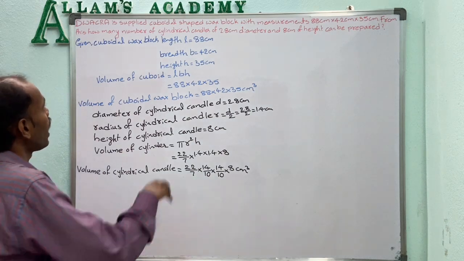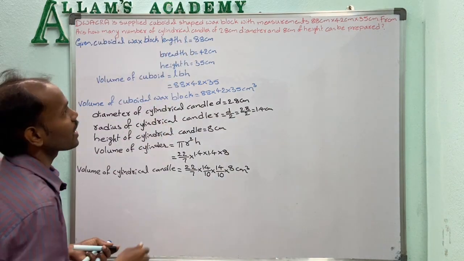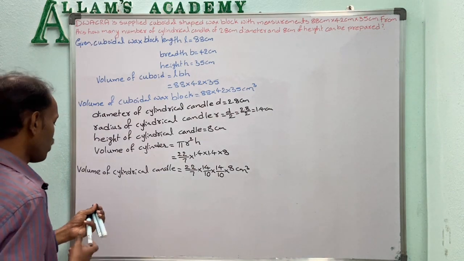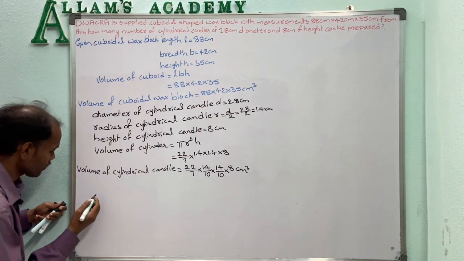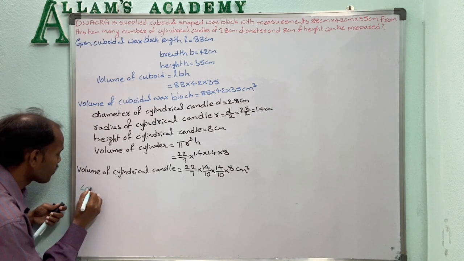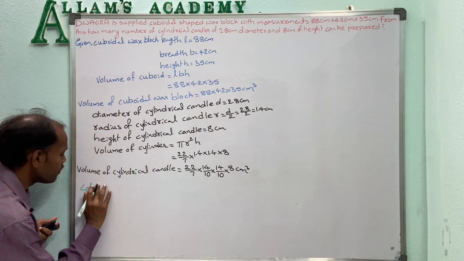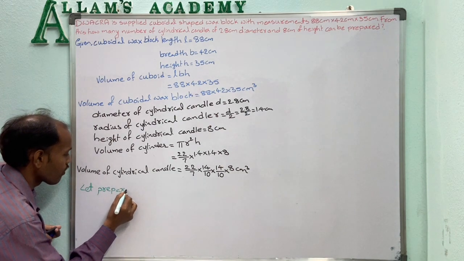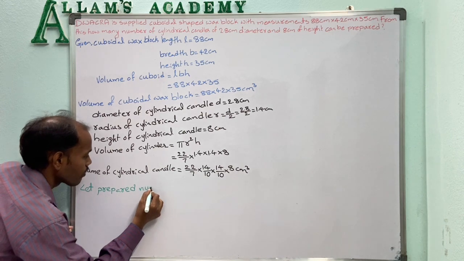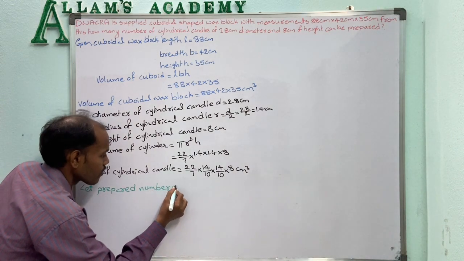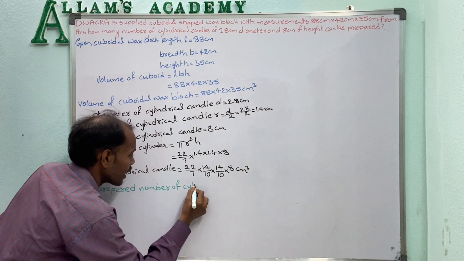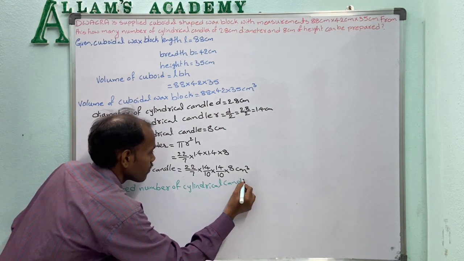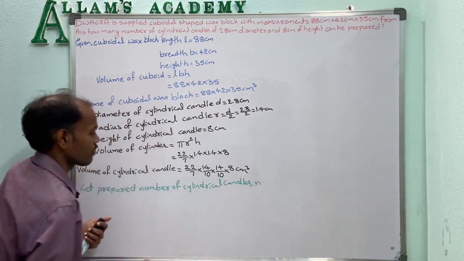Now our question asked how many number of cylindrical candles are prepared. So now let the prepared number of cylindrical candles be n.